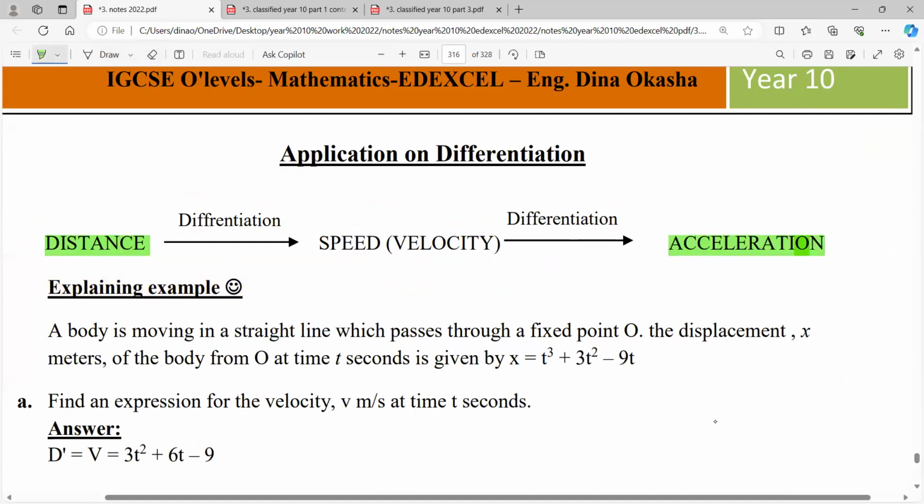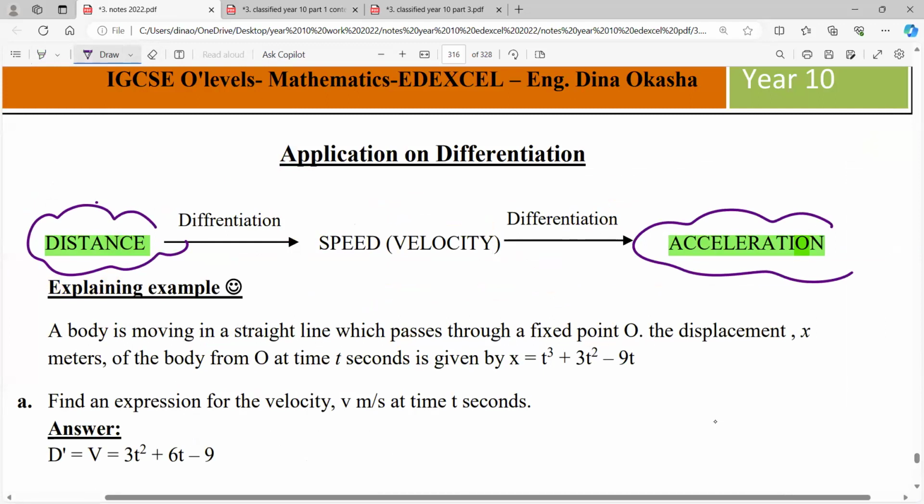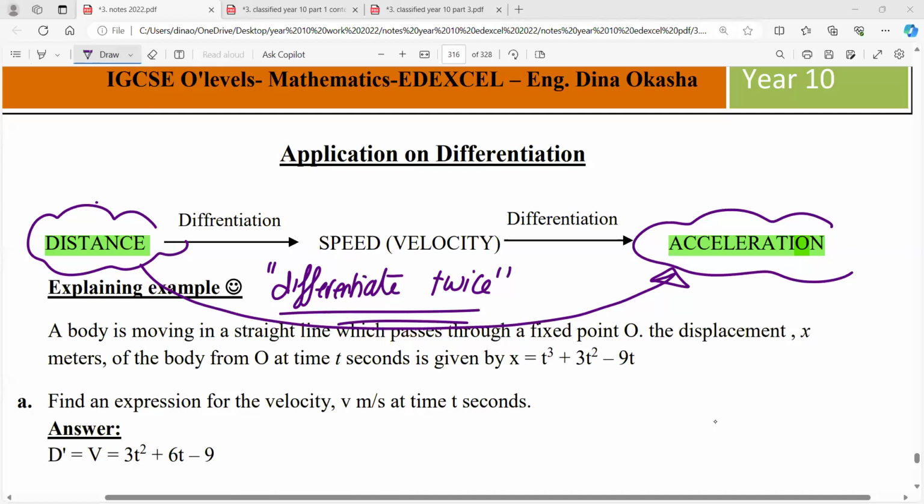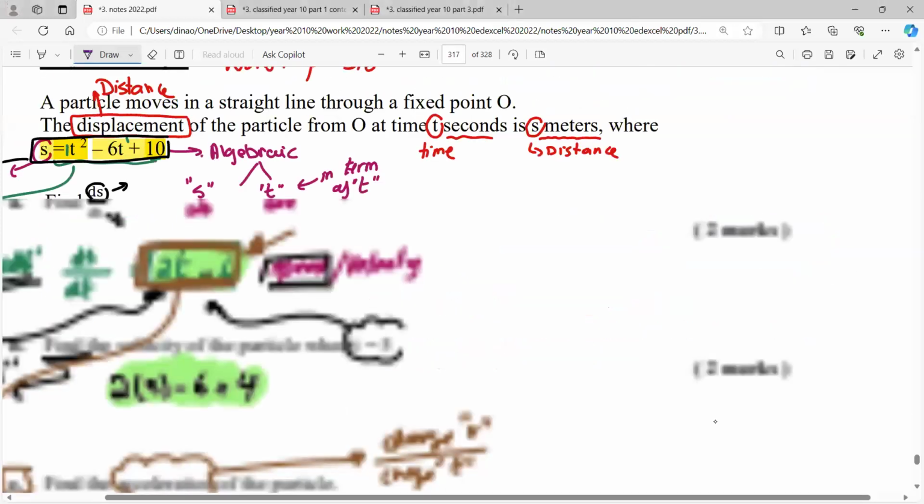Is it possible that I have distance and then I find acceleration immediately? Yes. If you have distance and you are required to find acceleration, all that you do is that you differentiate twice. You differentiate 2 times. Okay, everyone? So let's look at a question related to this part over here.